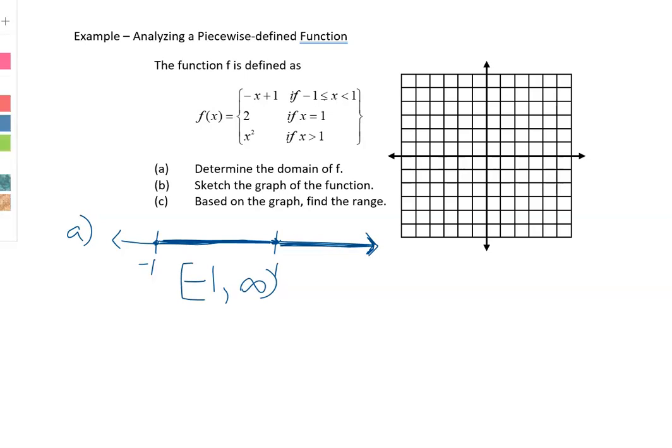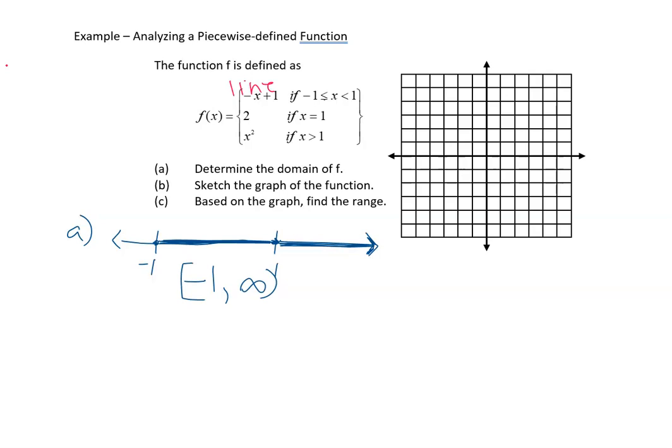So now that we have found our domain, we are ready to start determining how many different pieces of graph we're going to have. In this case, there are three definitions, so there's going to be three pieces of graph. The top definition is a linear function because x is raised to a power of 1, so that's going to have the basic shape of a line.